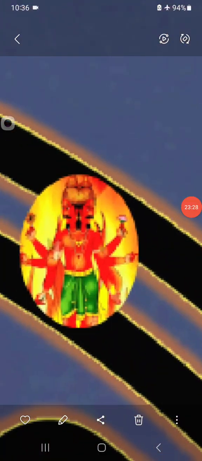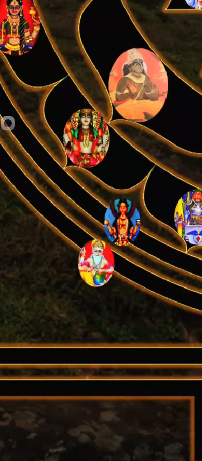Then Swapanti Taijasatmika: Taijasa, Tejas or Agni, is the deity of dream, Swapna, the middle blue circle. Then you have Supta Prajnatmika. Prajna, known in Buddhism as Prajna Paramita, Prajna Devi, is the goddess of the Supta or Sushupti state, which is the inner circle. So these three circles represent the three devatas, the three states or three avasthas.